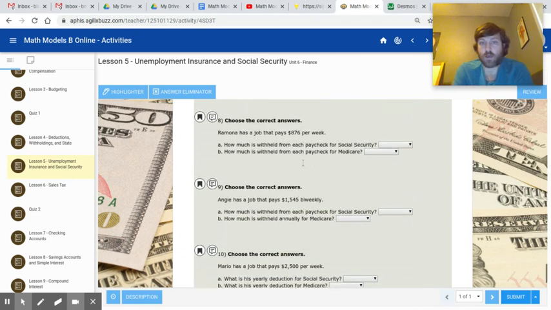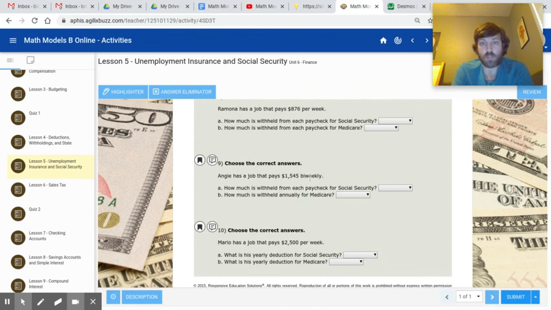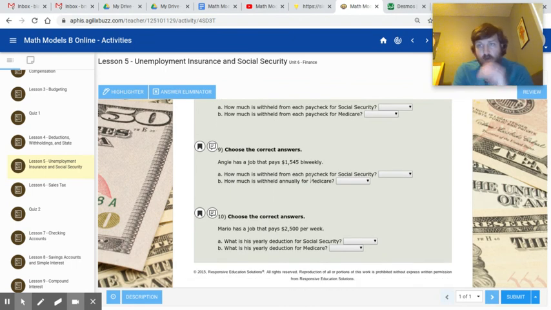Weekly, bi-weekly, it's all the same. Just make sure you're adjusting for how frequently they're paid. Or if it asks for annual, then you need to find out the annual salary. So you just need to read carefully and make sure you're calculating either each paycheck or annually, so that you're doing that correctly.